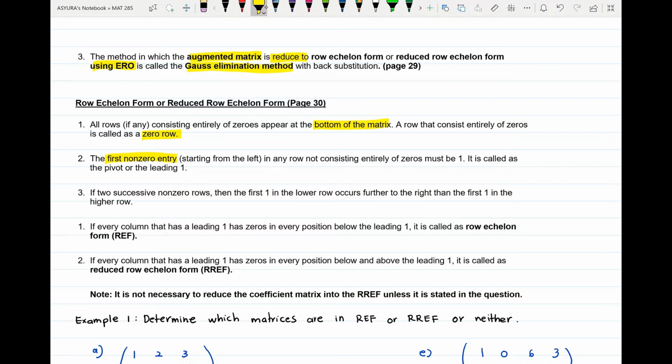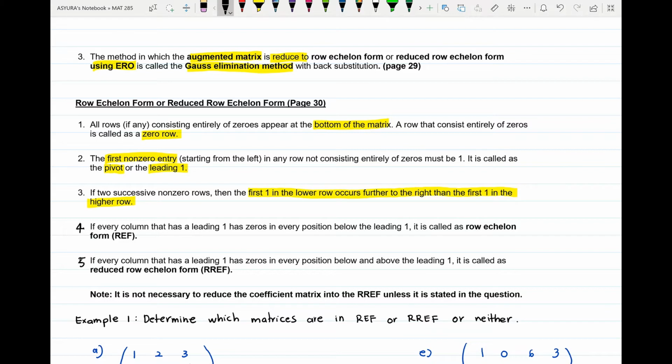We call it the pivot, or the leading 1. Number 3: if two successive rows are non-zero, then the leading 1 in the lower row occurs further to the right than the leading 1 in the higher row.